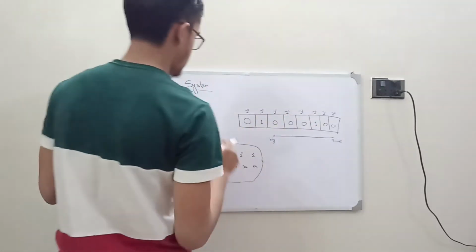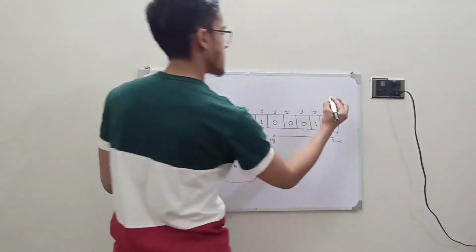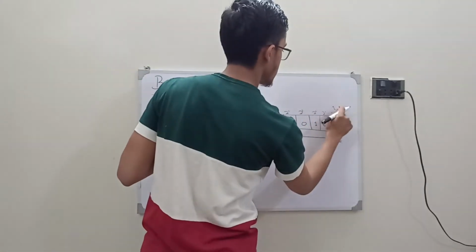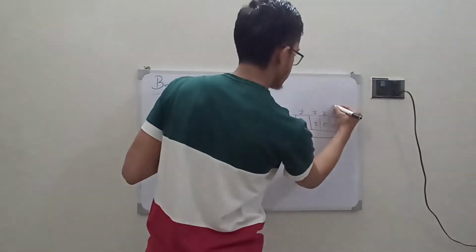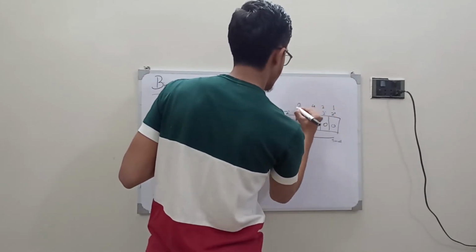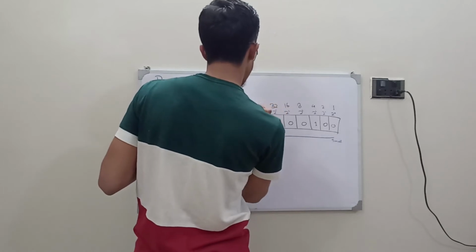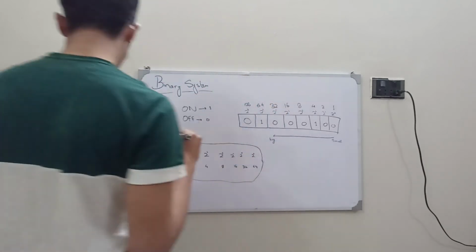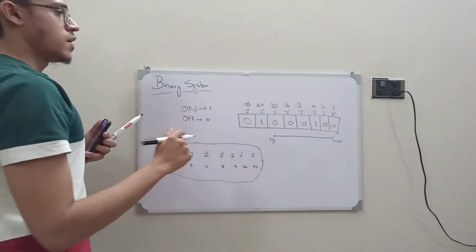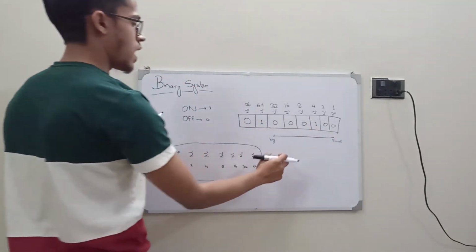If you translate these powers, they become 1, 2, 4, 8, 16, 32, 64, and 128.